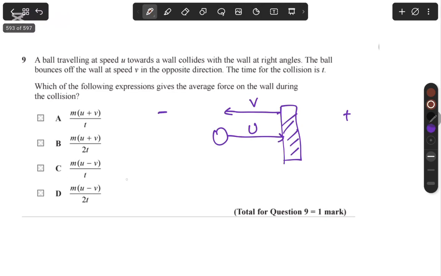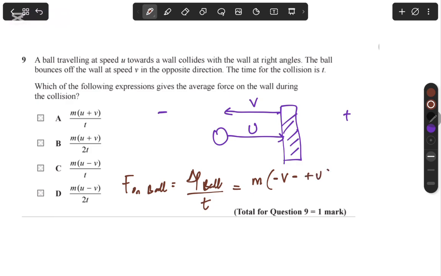So remember, the force on the ball is equal to the change in momentum of the ball divided by time. So the ball changes momentum, it's going to be m, final velocity is going to be minus v, and then initial velocity is going to be minus plus u, divided by t.